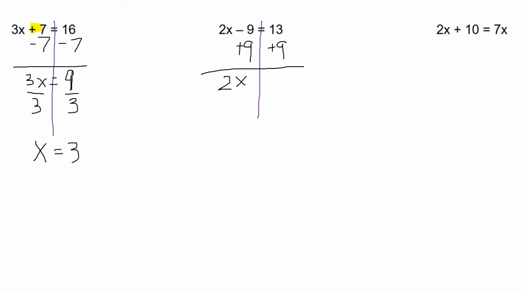And a negative 9 plus 9 is 0. I'm not going to write that down because 0 doesn't help me at all anyway here. And then 13 plus 9 is 22.